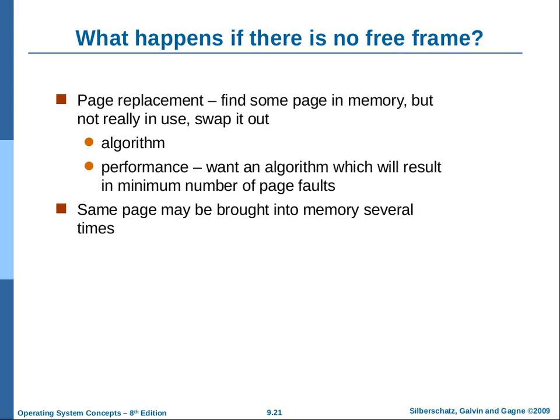What happens if there is no free frame? There are no free frames available. We wait until a process. What if all the processes want memory and they're trying to access each other's memory? We would then preempt them.